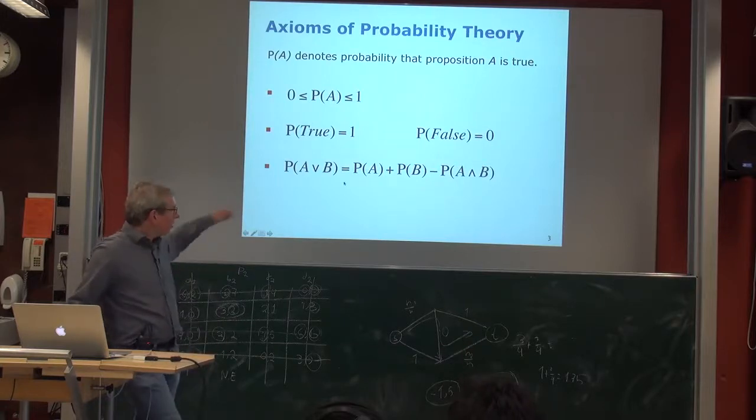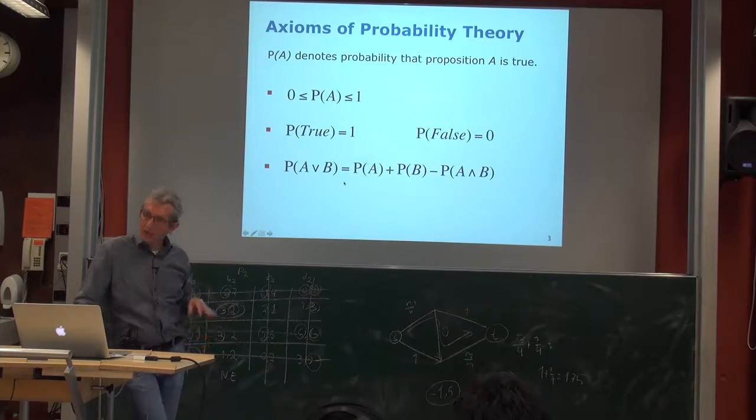And then there's this 4th axiom, which at first looks a little bit complicated, but it combines the basic operators in probability theory or in logic, where we have the disjunction of 2 statements, A or B, and the conjunction of 2 statements, A and B, with the arithmetic operations that we use for dealing with numbers.